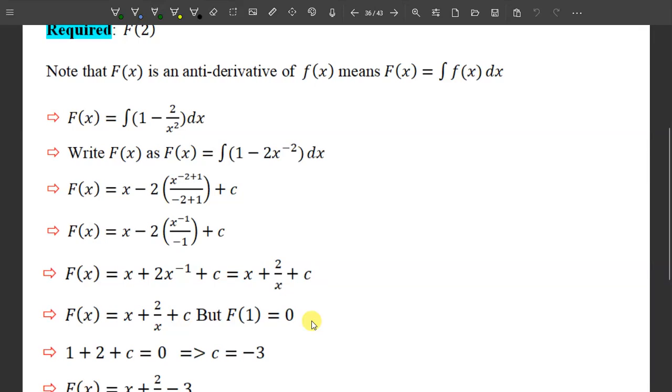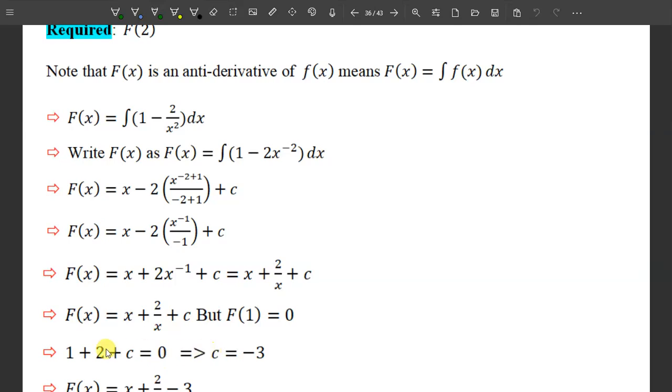Now it remains to find the value of c only. Once we get c, it is done. Another thing that was given is F(1) is equal to 0, so substitute 1 for x and equate the result with 0, which means 1 plus 2 over 1 plus c must be equal to 0.